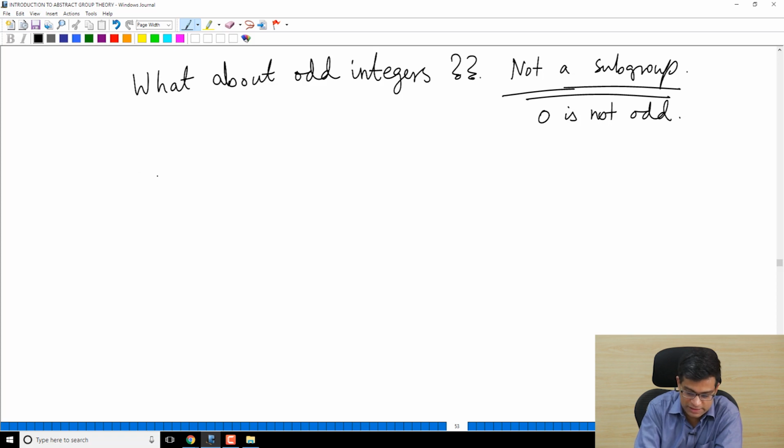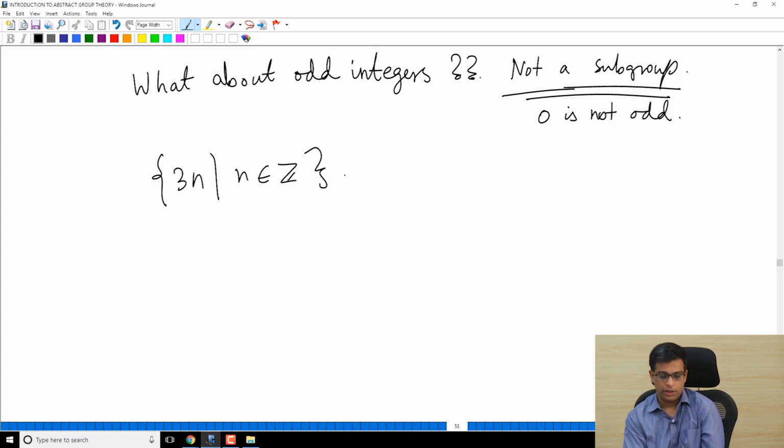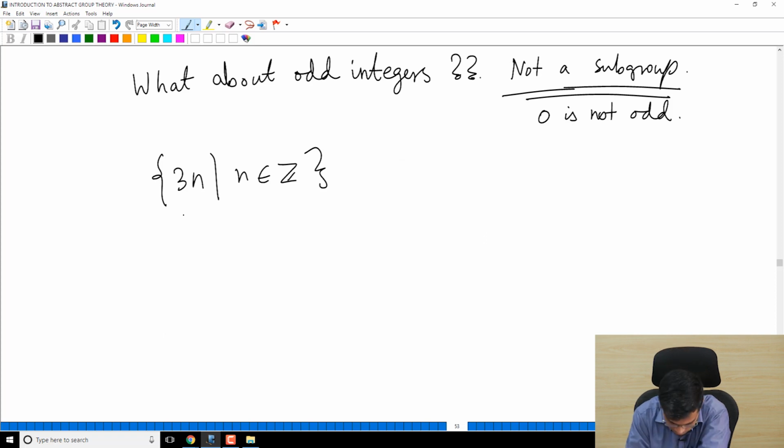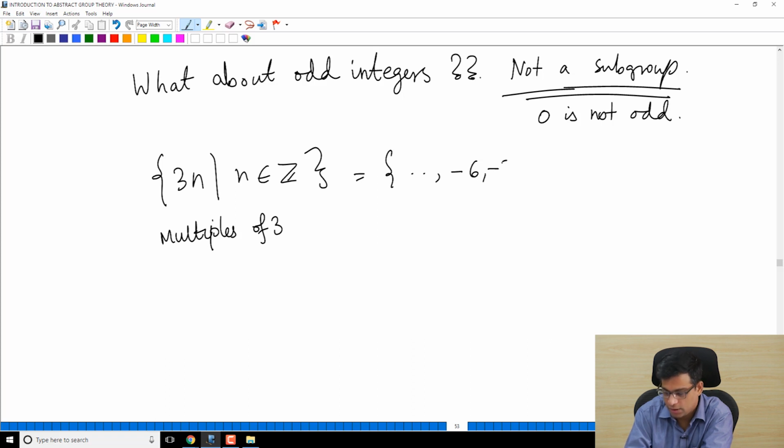What about this set 3n, n in Z? Earlier we took 2n, which is the even integers, and that is a subgroup, which we saw. What about the multiples of 3? This set is actually minus 6, minus 3, 0, 3, 6, 9, 12 and so on.